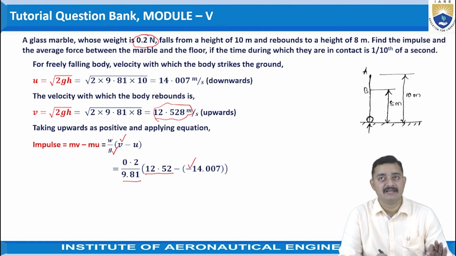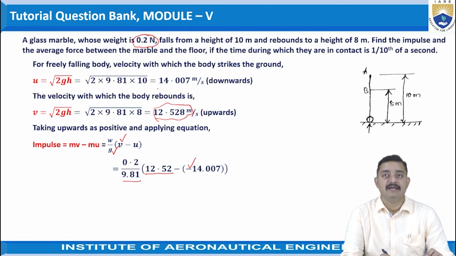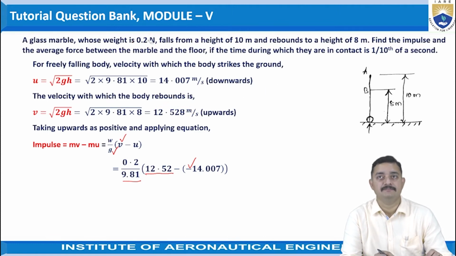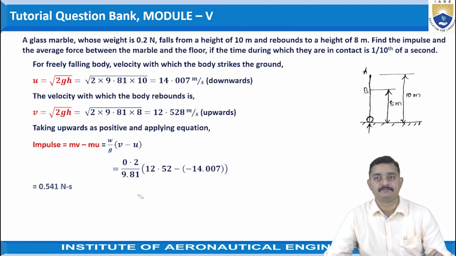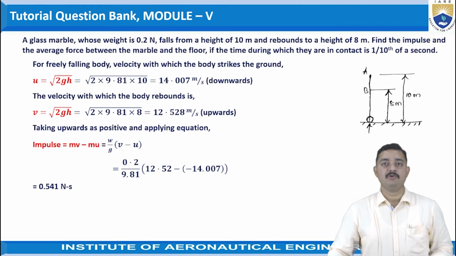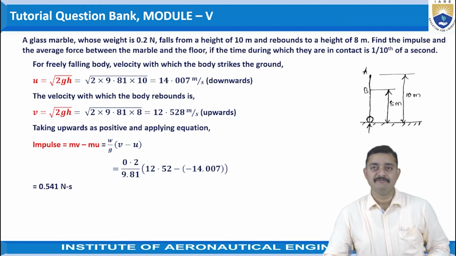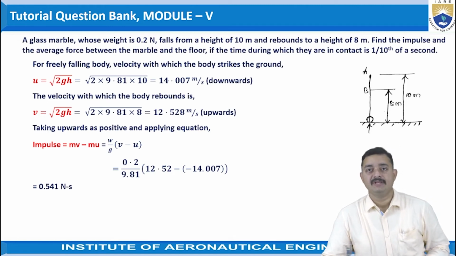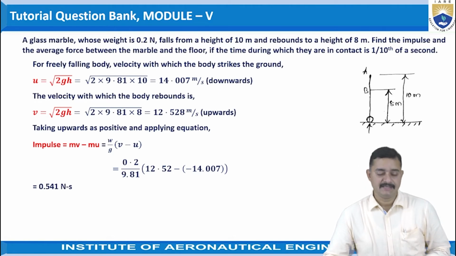Because we are considering the upward movement as positive and this velocity is related to the downward movement, so we consider it as a negative velocity. In this way, we have obtained the value of 0.541 newton seconds. The impulse is taken as force into time, and that's the reason it is 0.541 newton second.